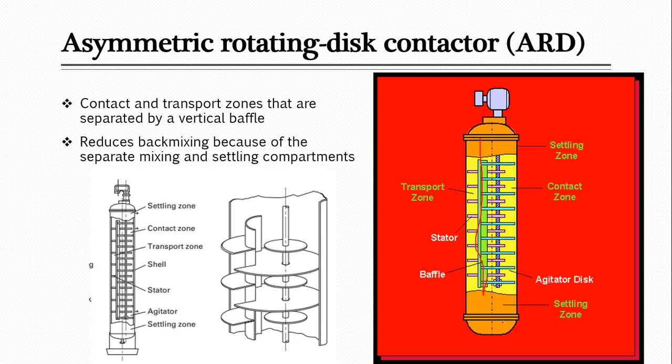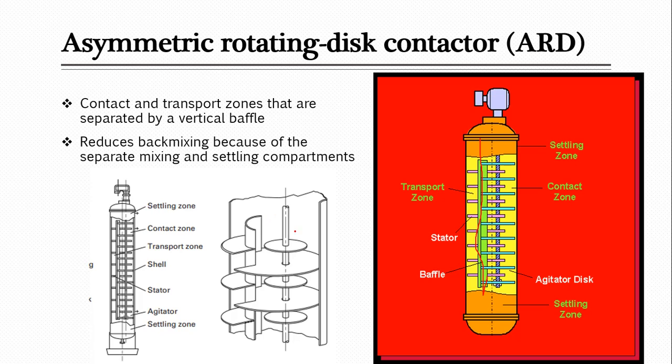The heavier liquid entering from the top will settle down and then leave the column, while the lighter will move to the top, settle, and be removed from the column. Otherwise it is the same: there are stators and the vertical baffle, again an agitated disc, and then stators to avoid escape of the liquid, as we have seen. This part is more clear in this diagram.